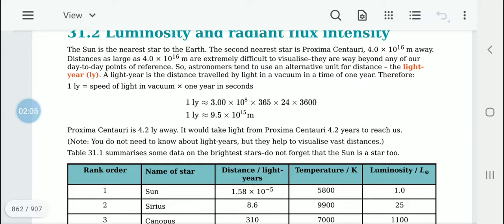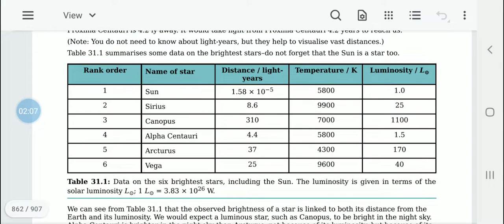So it is actually easy for us to understand how far they are. The Sun is quite close by. It takes 8 minutes for light to reach the Earth from the Sun. So the distance in light years is 1.58 into 10 to the power minus 5.